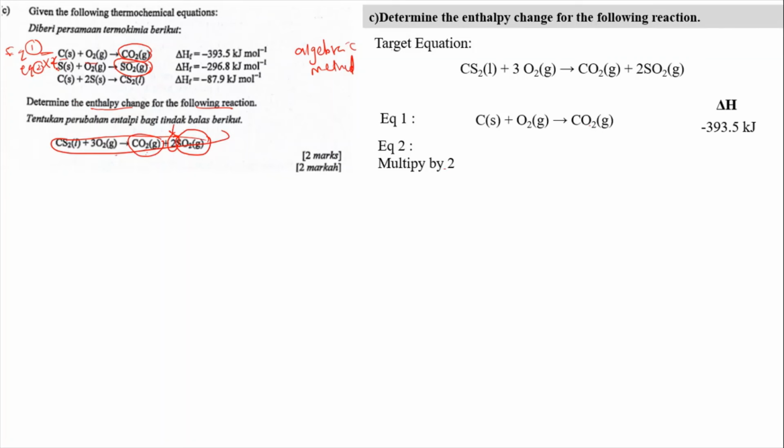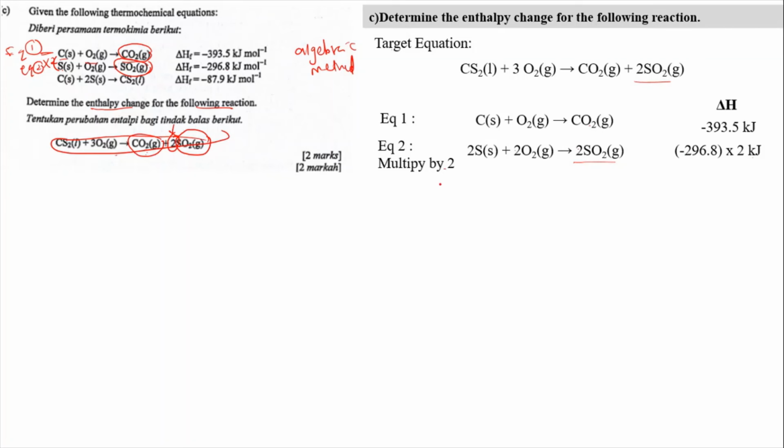So it's going to become 2 sulfur plus 2 oxygen gas produces 2 sulfur dioxide. Okay. And then remember my thermochemical equation, which is negative 296.8, mesti darab dengan 2 because I already multiplied everything by 2. So negative 296.8 multiplied by 2 kilojoule.